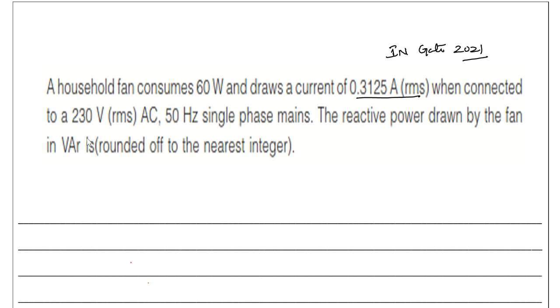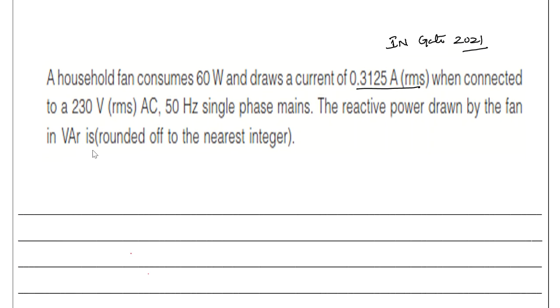For this problem we're going to find the reactive power. There are two formulas we can use. Q is P into tan phi, where phi is the power factor angle, or Q is V into I into sine phi. Any one formula we can use here.